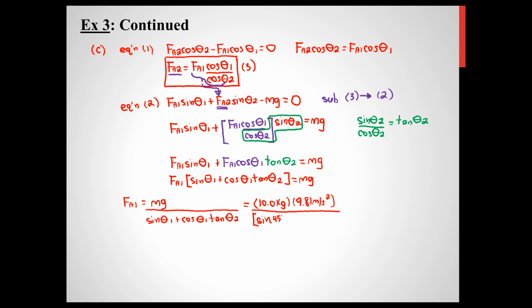Plus cosine of theta 1, and theta 1 is 45 degrees, times tan of theta 2. Theta 2 is that smaller angle, which is 30 degrees. And this is now going to be equal to, when we plug this in, so I believe I should get an FA1 value that is going to be 88.0 newtons.